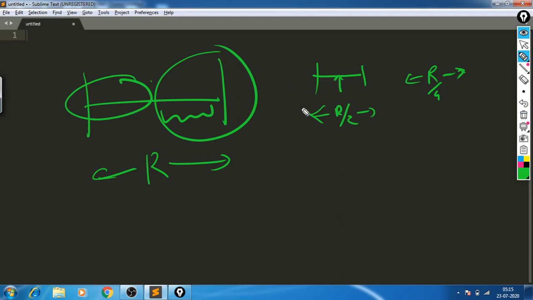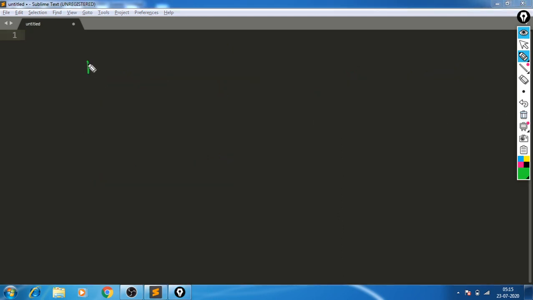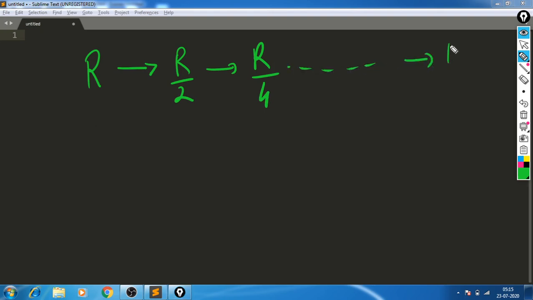So let's analyze the complexity here. Initially you started off with a range R. After one step you had a range R by 2. Then after one more step R by 4. And finally you will reach a point when this particular range is exactly one element.